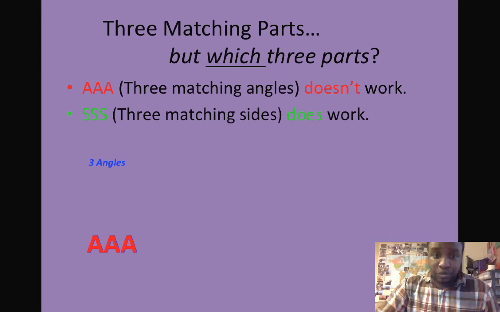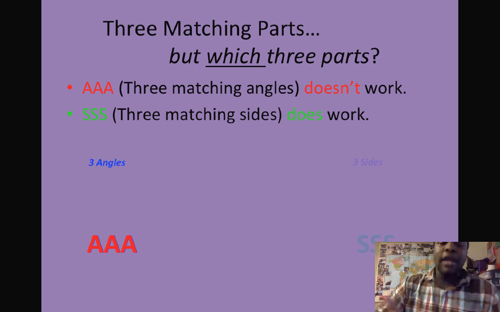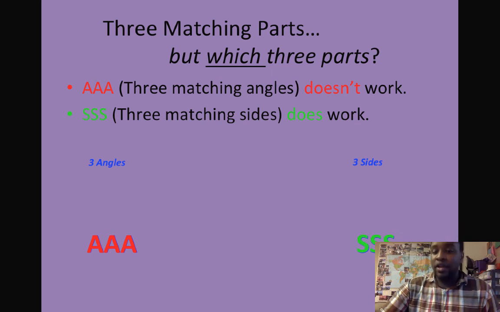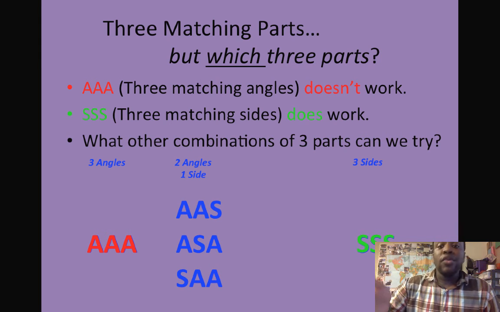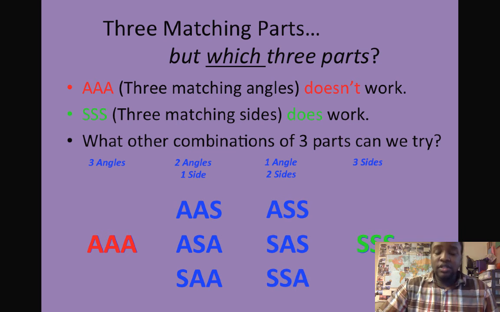All right. So we know AAA, 3 matching angles, doesn't work. And we know that SSS, 3 matching sides, does work. But what about all of them in between? What about other combinations? There are 2 angles and 1 side, which can be angle, angle, side, or side, angle, angle.